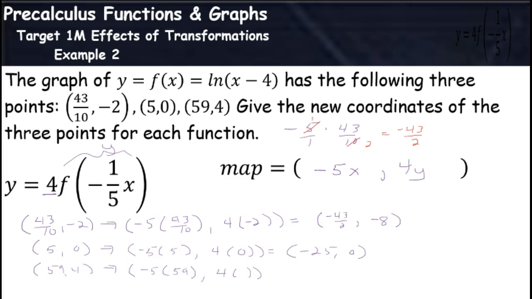So 5 times 59. Well, 5 times 50 is 250, and 5 times 9 is 45, so 250 plus 45 should be 295, and it should be negative. So -295, and then 4 times 4 is 16. So -295 and 16.